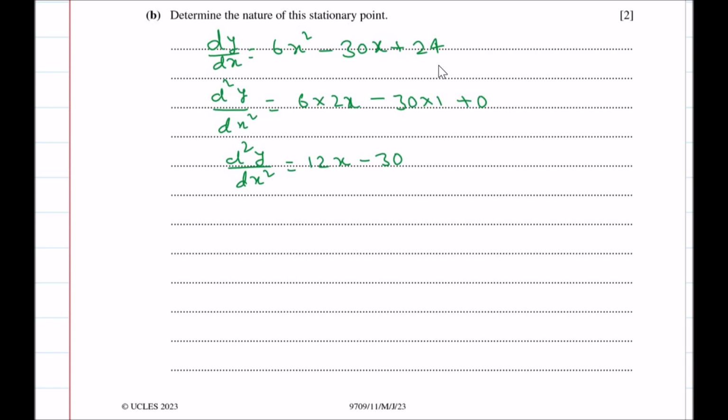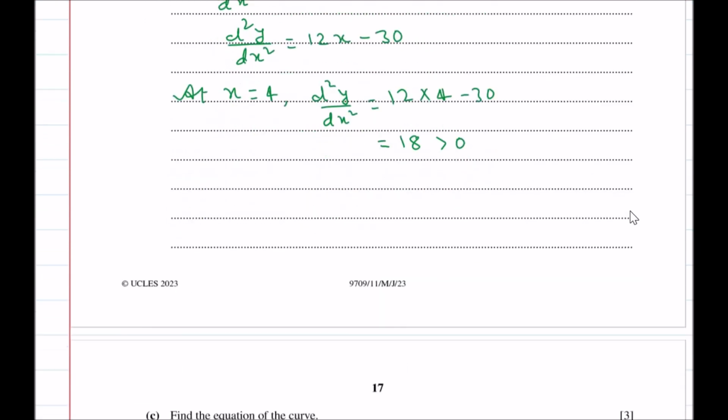So at x equal to 4, d2y by dx2 is equal to 12 into 4 minus 30, which is 48 minus 30, that is 18, which is greater than 0. We got a positive value, right?